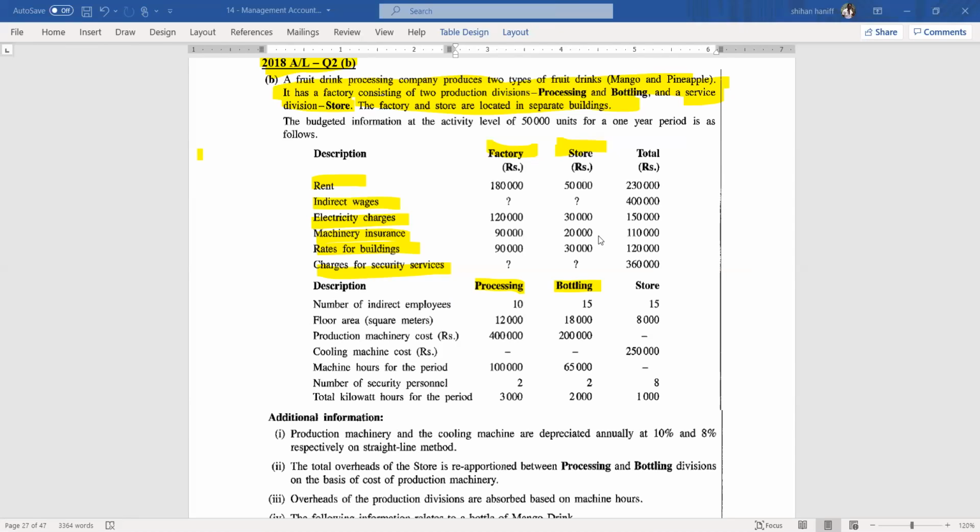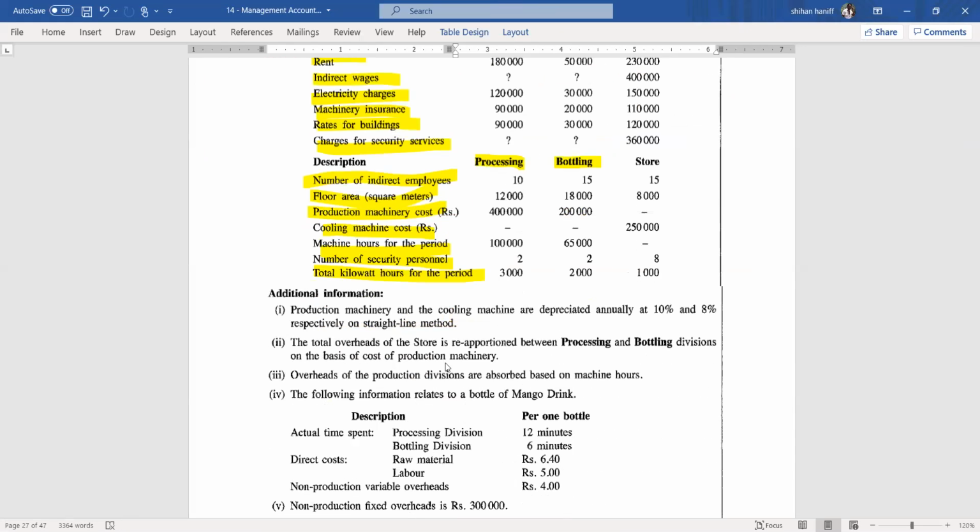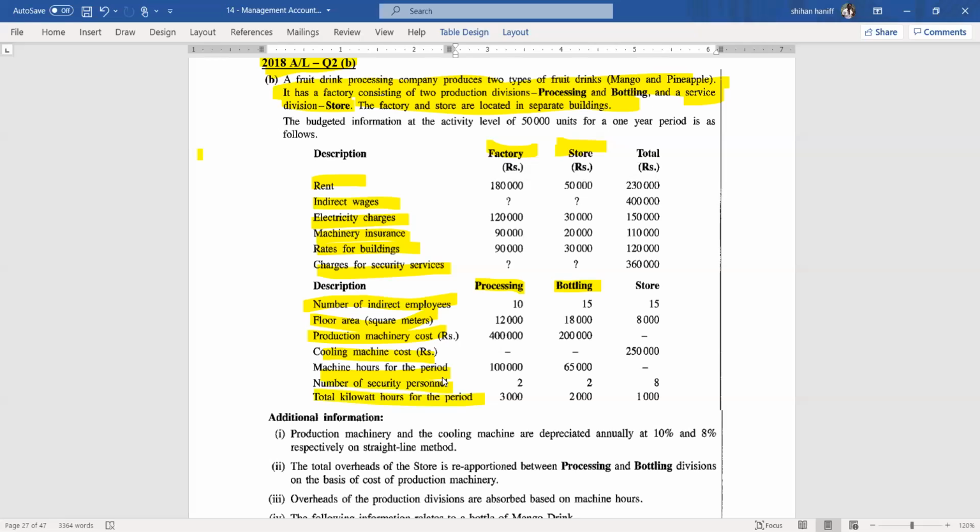We have number of employees, floor area, cost of cooling machine, machine hours for the period, security personnel, total kilowatt hours per period. They have given this in order to divide the cost.